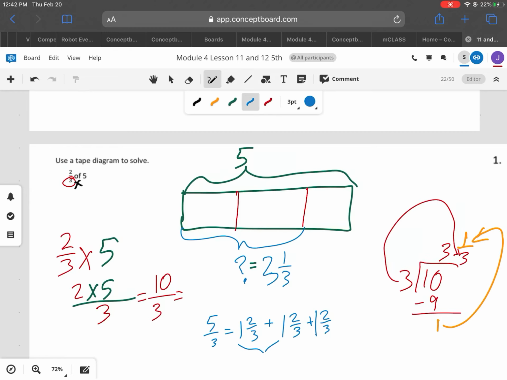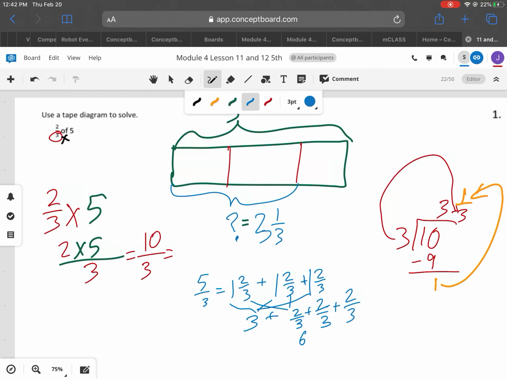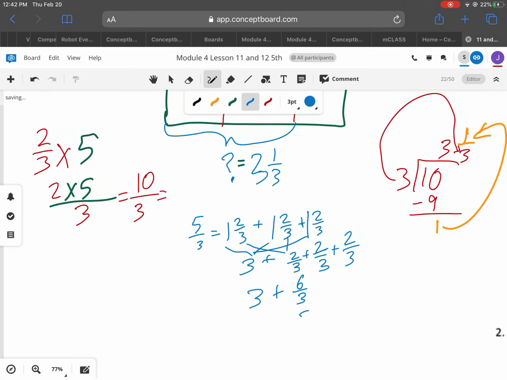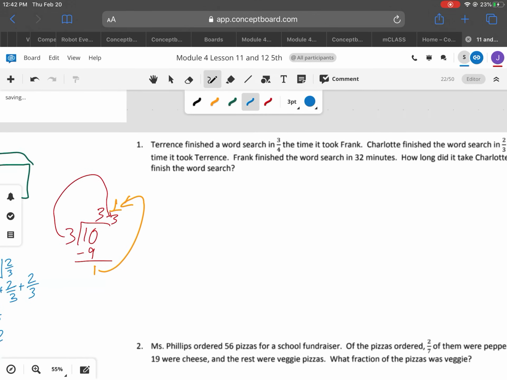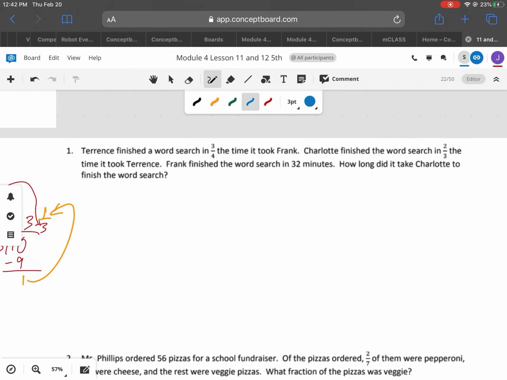We would have 3 from these, and then 2/3 plus 2/3 would give me 6/3, which is the same as 2, and 3 plus 2 equals 5. Alright, so our answer there is 2 and 2/3.